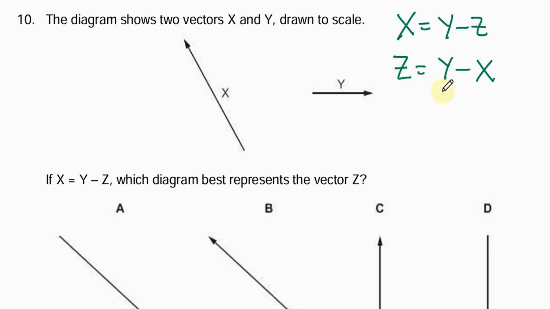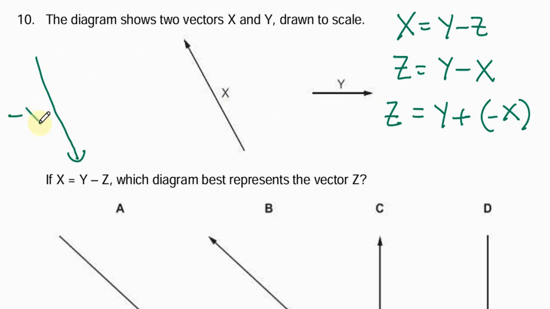So z must be the resultant of y and negative x. You can see this more clearly if you rewrite this equation as y plus negative x. So z is the resultant of y and negative x. And what is negative x? Negative x is basically x drawn in the opposite direction.